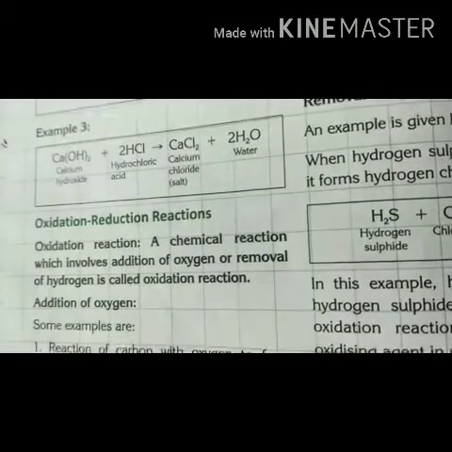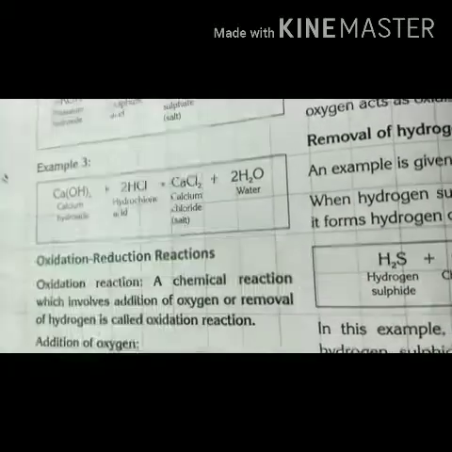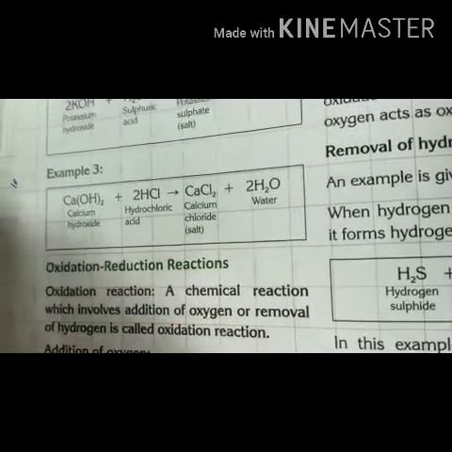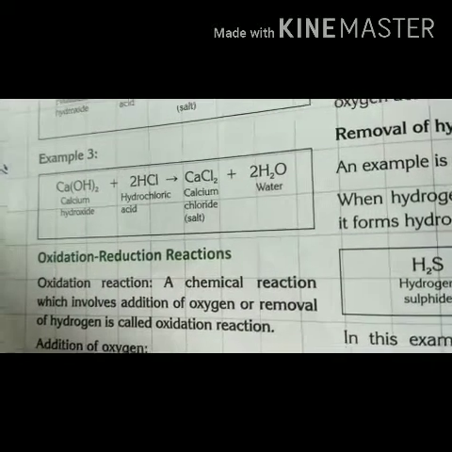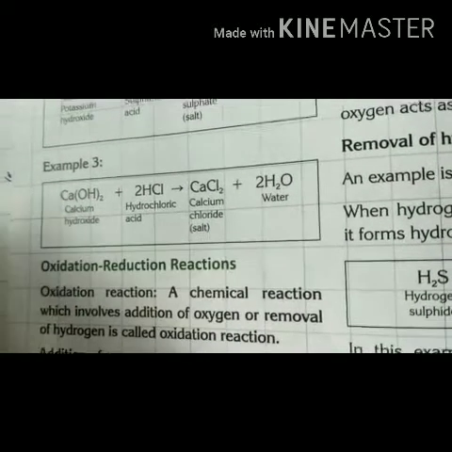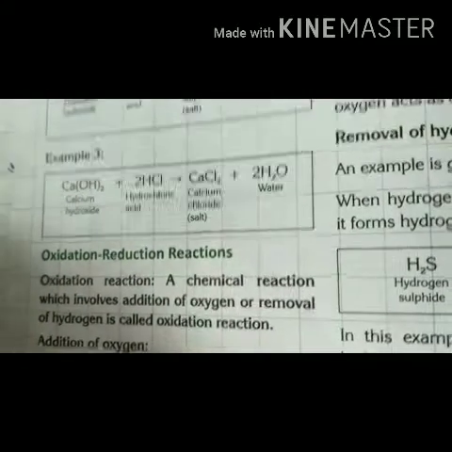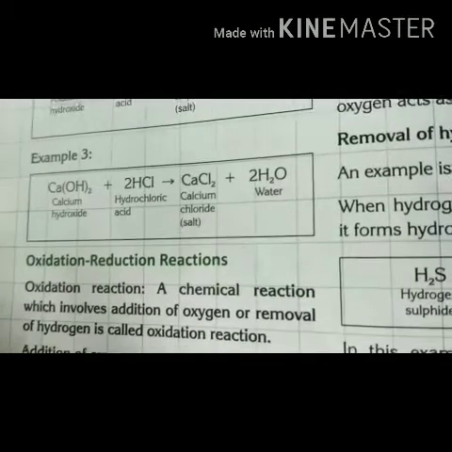So I just want to explain that if oxygen is adding to any compound, that means oxidation is taking place. If hydrogen is releasing, that means oxidation is taking place. If hydrogen is adding to any compound, that means reduction is taking place. And if hydrogen is removing, that means oxidation is taking place.